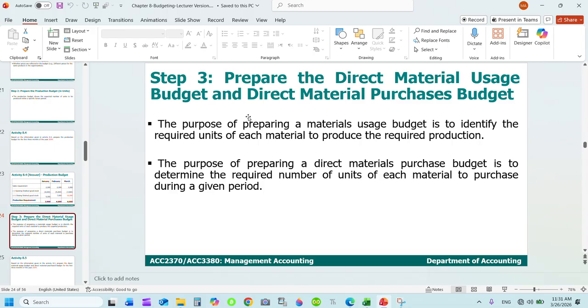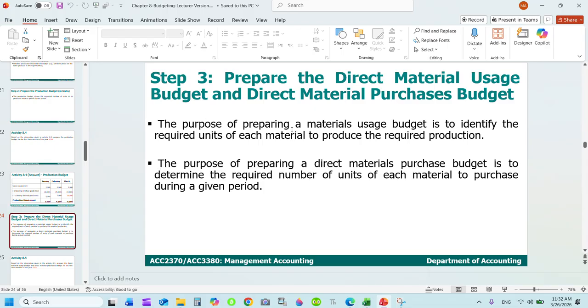Thereafter, what is the number of units of raw material to be purchased from each different type of raw material, right? Luckily, I think in this activity, we have only one type of raw material. Sometimes there may be two or more raw materials, in which case there will be additional rows involved, right?